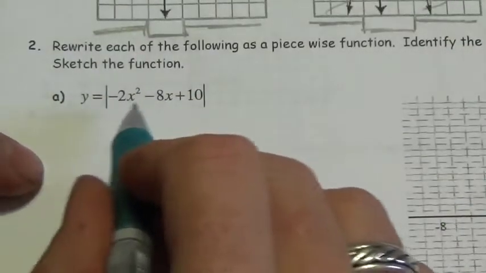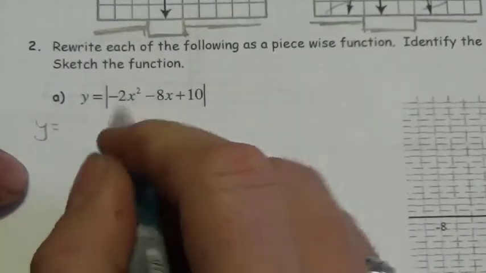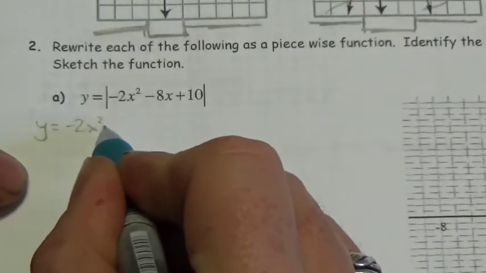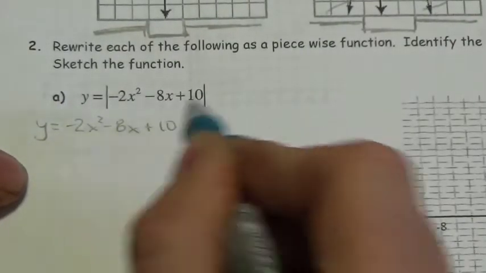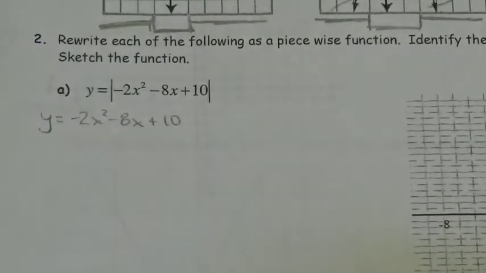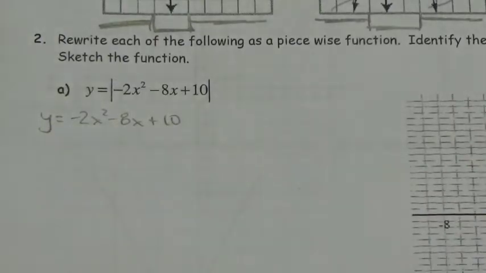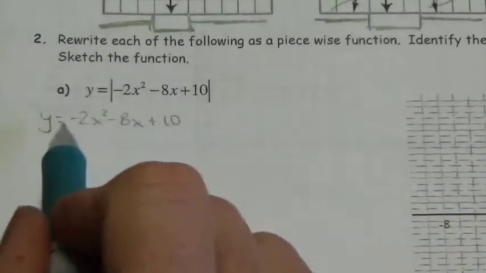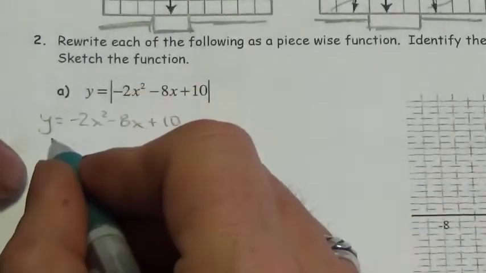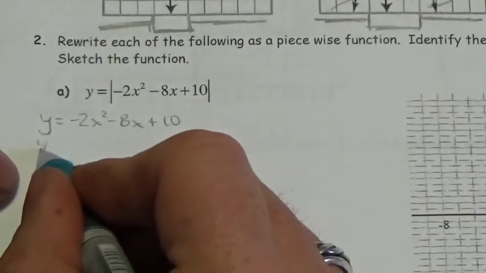To start off, I'm actually going to look at this function right here. I'm going to ignore the absolute values. I already know, even from the previous question we just did, what the absolute value does. So let me take a look at what the original function is. First of all, I'm going to put this in factored form.